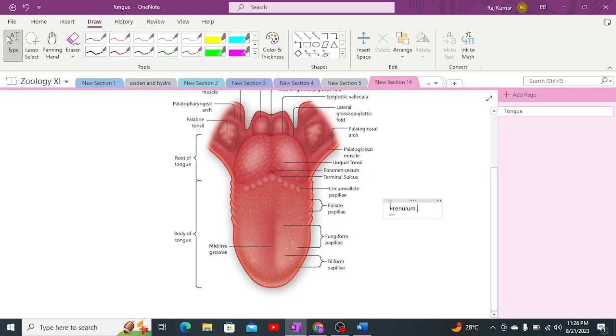This frenulum is also present in the structure of the vestibule, but the one attached with the tongue is known as the lingual frenulum, because it mostly helps in speech, allowing us to produce oral speech, as well as keeping the tongue attached with the floor of the buccal cavity.